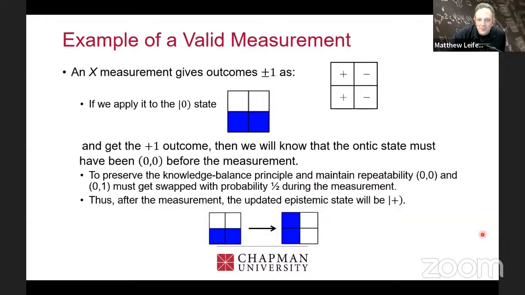Lydia is telling me there's a question from YouTube, which is how do you calculate or identify the number of questions that define the given states? Okay, so in this way of doing things, you start by saying you have a system which has n ontic states, and then the number of questions is how many times you have to divide that number in half before you get to 1. So that's basically going to be the logarithm to base 2 of the number of ontic states.